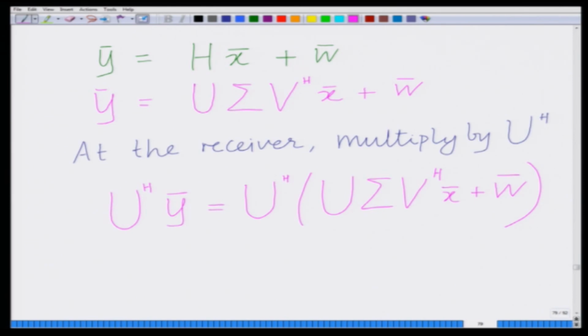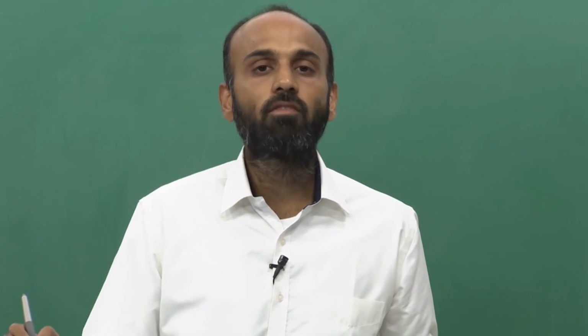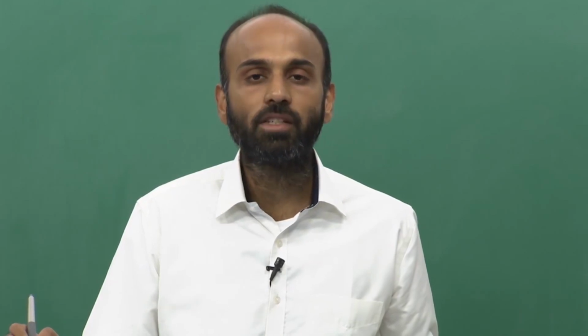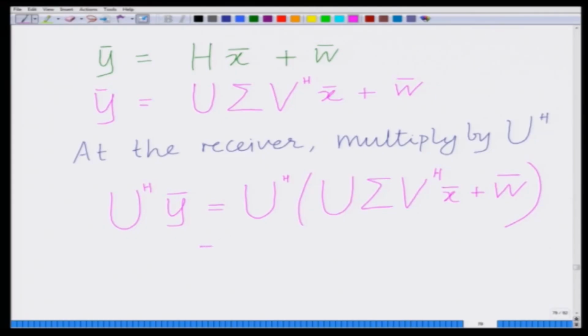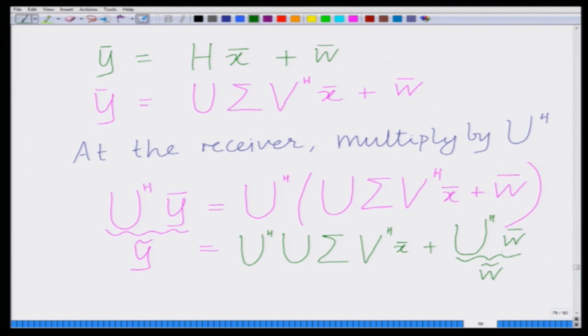So, at the receiver we are employing post processing, multiplying the receive vector y bar by the matrix U Hermitian. Let me call this U Hermitian y bar as y tilde. We get y tilde equals U Hermitian U sigma V Hermitian x bar plus U Hermitian W bar. Let me call this U Hermitian W bar as W tilde.